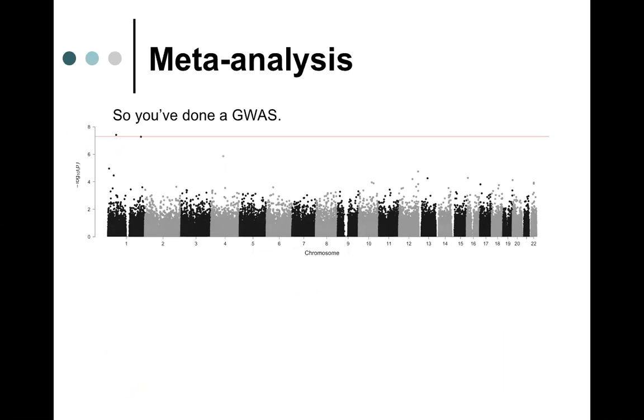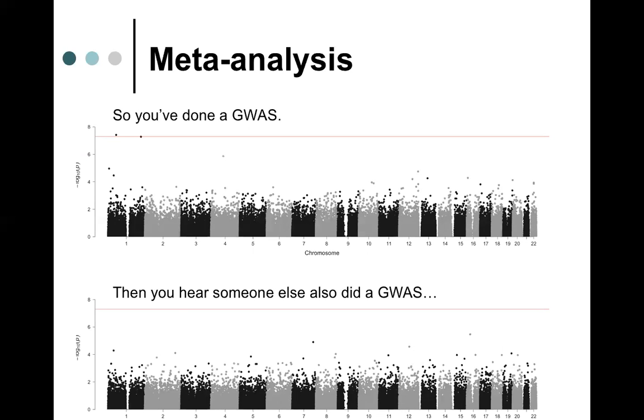So our basic interest in meta-analysis is if we imagine that you've taken the time to collect some data, do a GWAS on your trait of interest, and then you find out that there's other data that is also done a GWAS on your trait of interest. So you now have two different result sets.